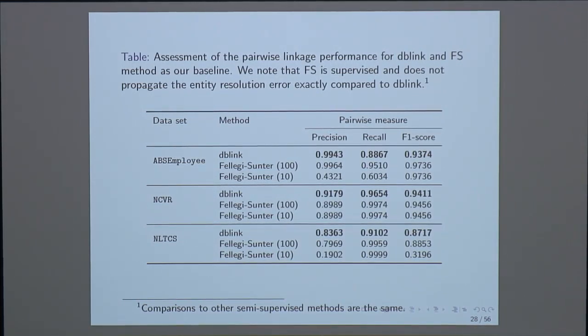The other thing you have to look at is that if I change the 100 training data points I'm putting in, and they're not well chosen, the EM algorithm used here doesn't converge. So if you don't have enough training data, Fellegi-Sunter won't give you an answer.